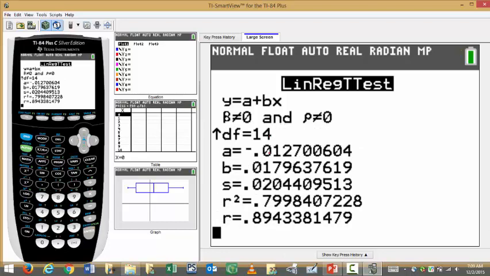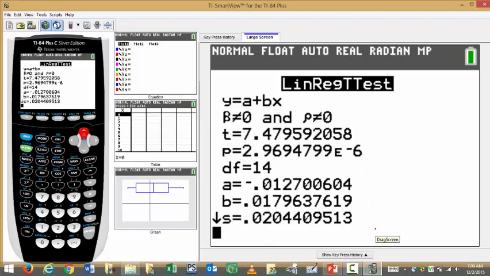You scroll down, you get your R squared, your R. Here's basically at the bottom, the a, the b. s is a little different. You guys don't quite know what that is, so don't worry about it right now. But you get your output from your line of best fit when you did LinReg before there too. But in addition to that, when you ran the test, you get the t-value and the p-value as well.